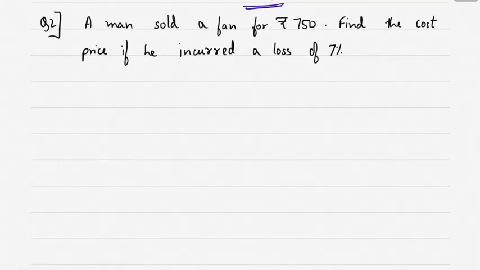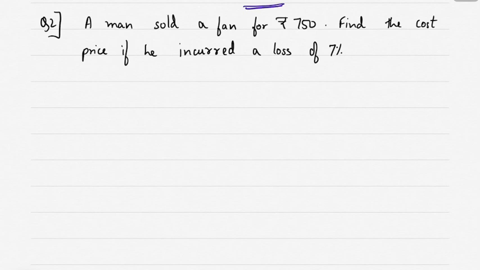Next. A man sold a fan for rupees 750. Find the cost price if he incurred a loss of 7%. So, the man sold a fan, that means selling price is 750. So, you have to calculate cost price.